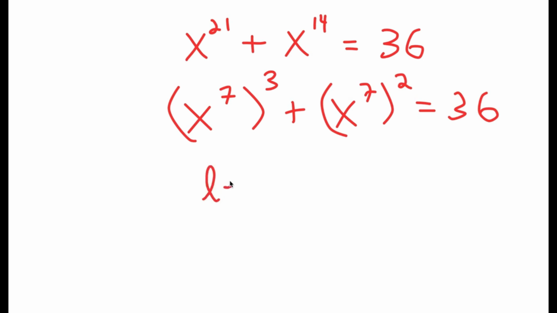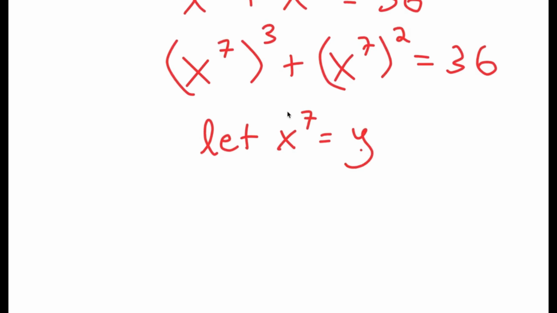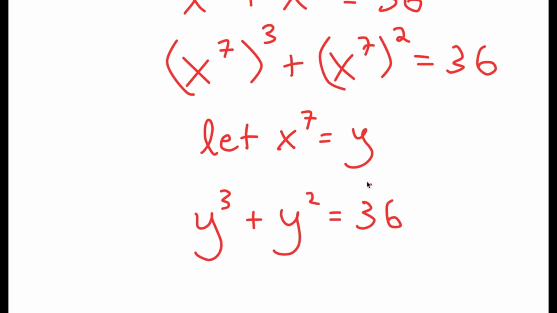And now I'm going to let x to the power of 7 equal to the variable y. So if I substitute in y for x to the power of 7, I get y to the power of 3 plus y squared is equal to 36.